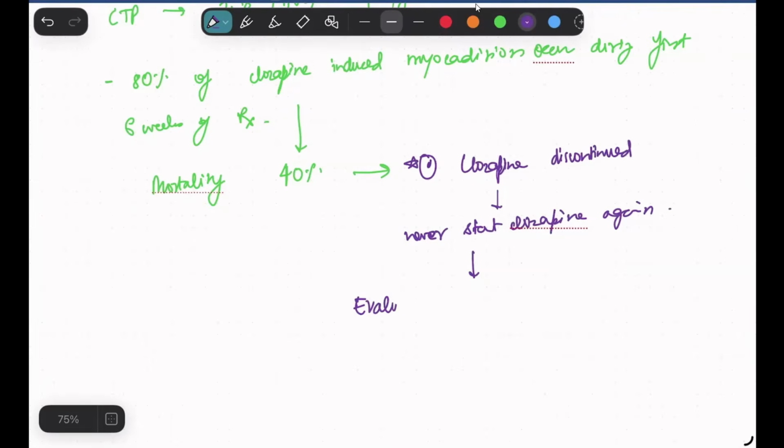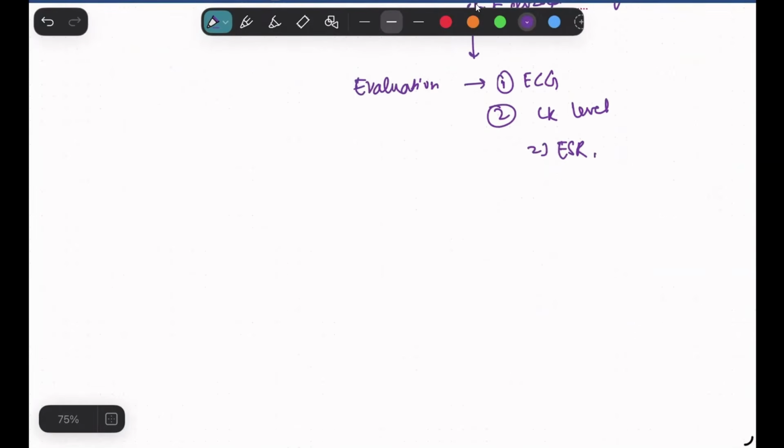What evaluation or tests should you do? First is the ECG, which is very important. Second is the CK level, creatine kinase level, and third, ESR should be performed. What could be the indicating symptoms of myocarditis that we should not ignore?